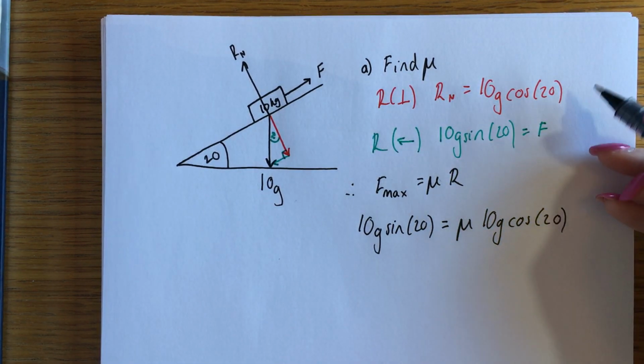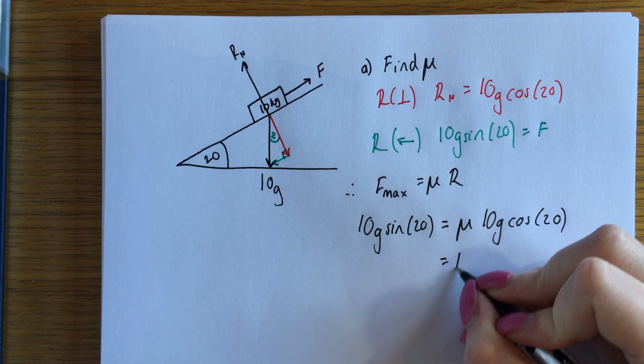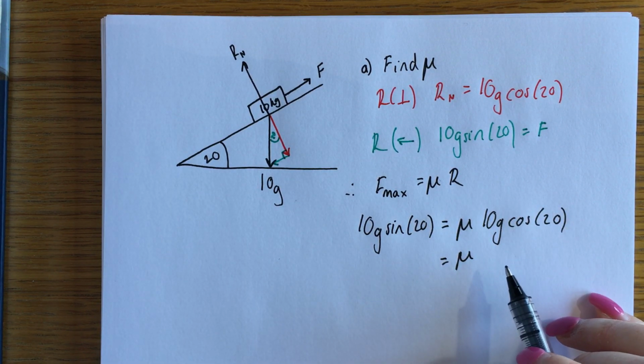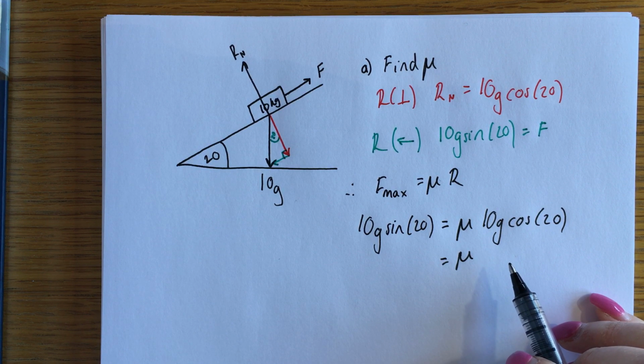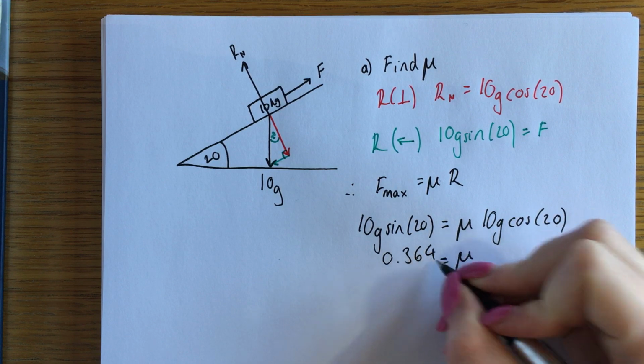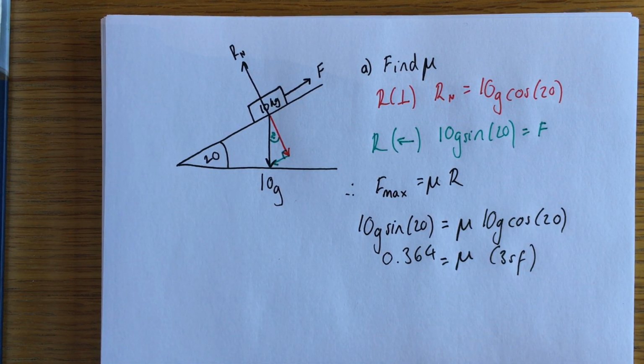So all I'm doing is substituting in my values. Obviously going to rearrange this to find mu, so divide both sides by 10g cos 20, which actually ends up simplifying to tan 20, but this is 0.364 to 3 significant figures.